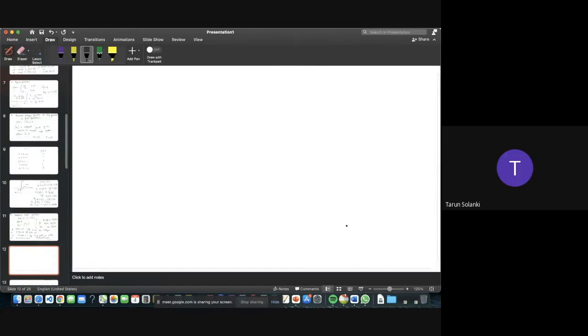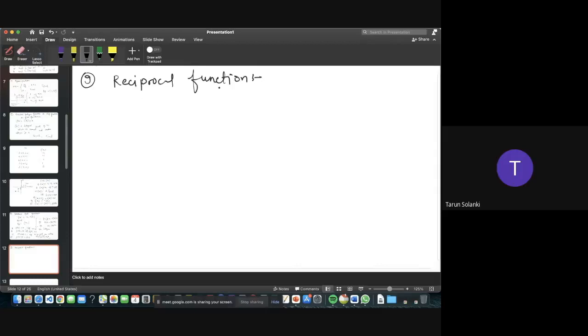So next we will talk about the reciprocal function. The function f defined by f(x) is equal to 1 by x is called the reciprocal function.